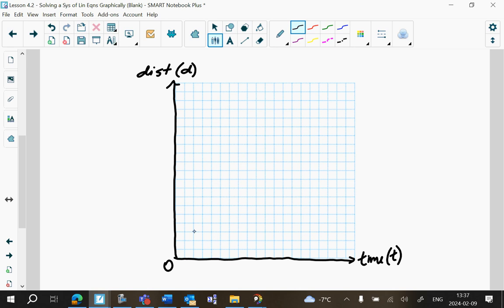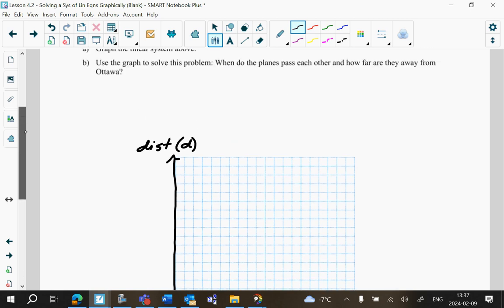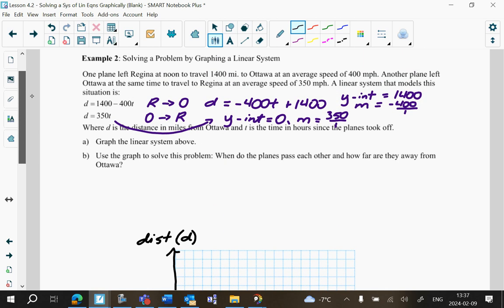What are the possible values for time? How should I set up my scale? Well, the question is, what's the highest amount of time I'm going to get? How much? 100? 400?